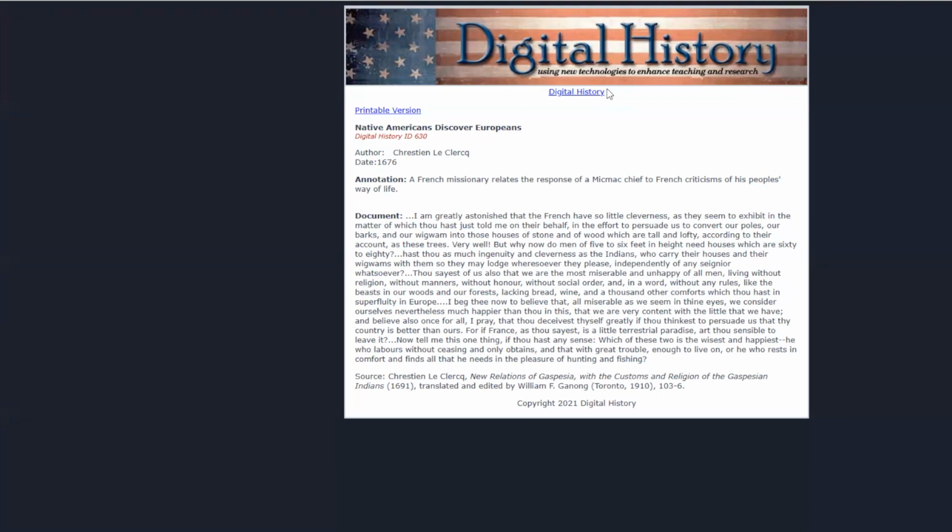What would make you more confident that this document accurately reflected how Native Americans saw the Europeans? What would you need to be more confident that this was a valid document?